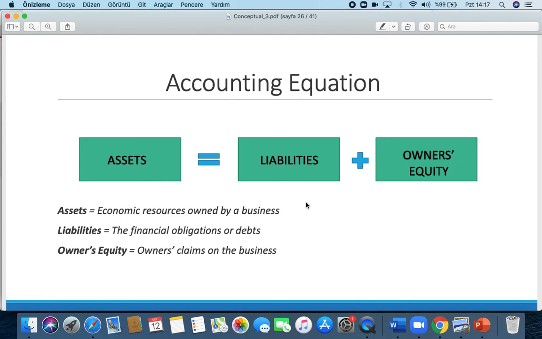The 10,000 Turkish liras is an asset for the company because it's an economic resource. The company can pay something to buy something with that cash. So it's an asset. The 10,000 will be placed on the left-hand side of the equation as an asset. So it's 10,000 right now.